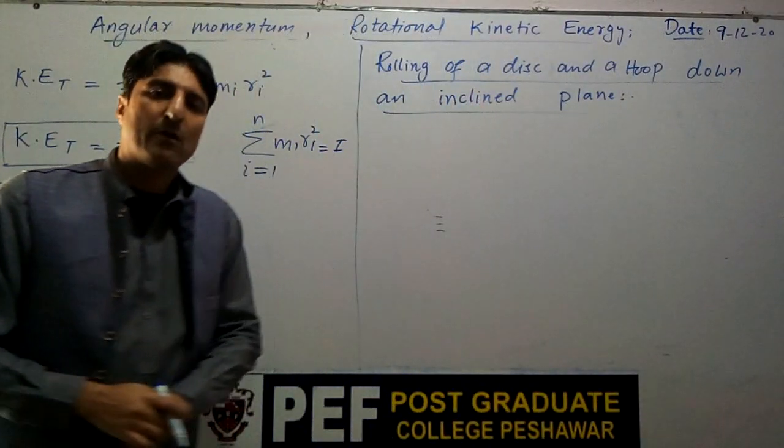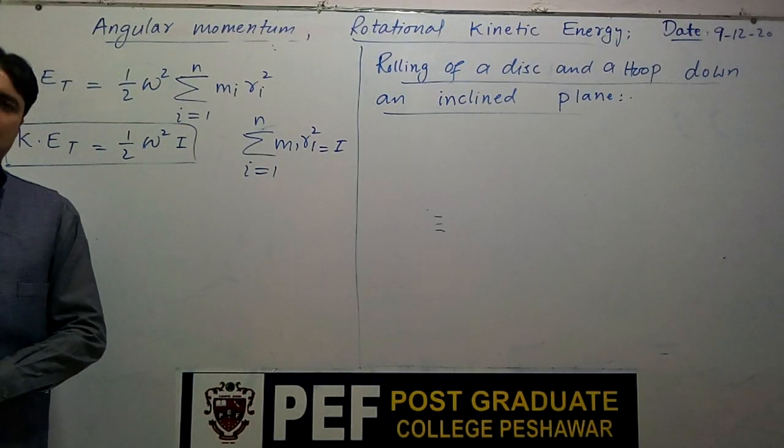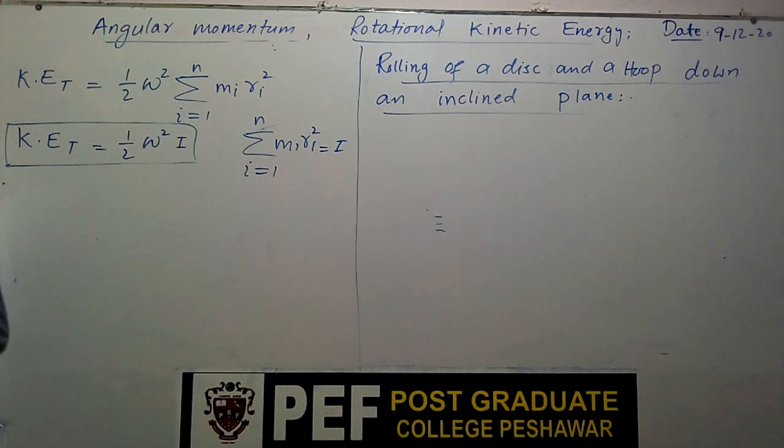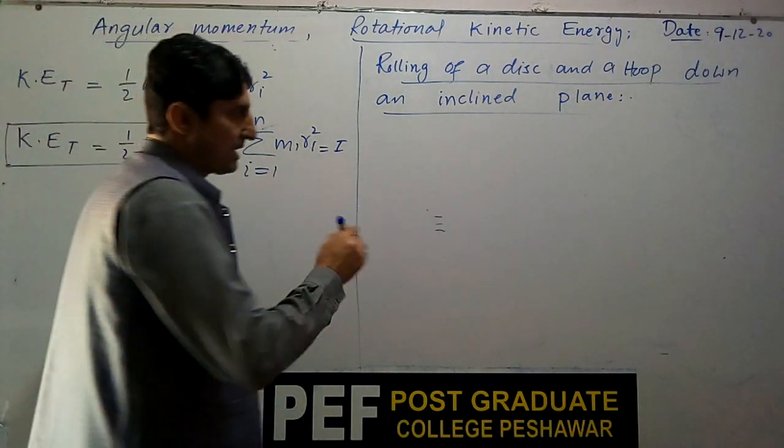Say suppose we have a hoop, which is a piece of hollow cylinder. What is a hoop? A piece of thin cylinder or hollow sphere is called a hoop. Let me define these two.